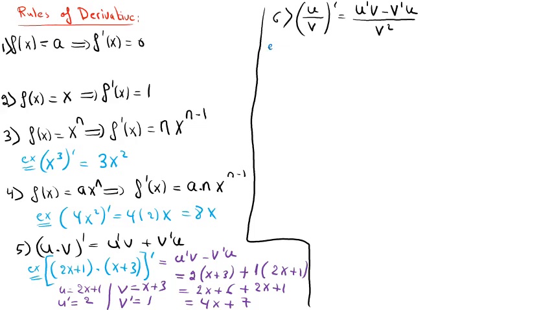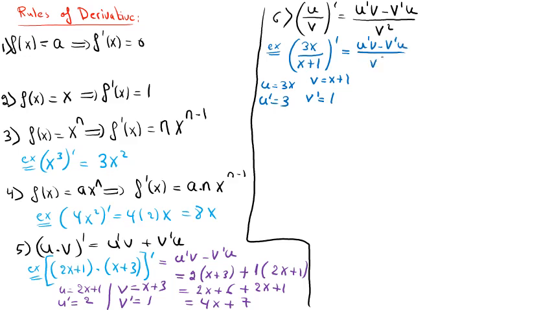Example, 3x over x plus 1. We have u is 3x, u prime equal to 3, v equal x plus 1, v prime equals 1. The rule is u prime v minus v prime u over v square.